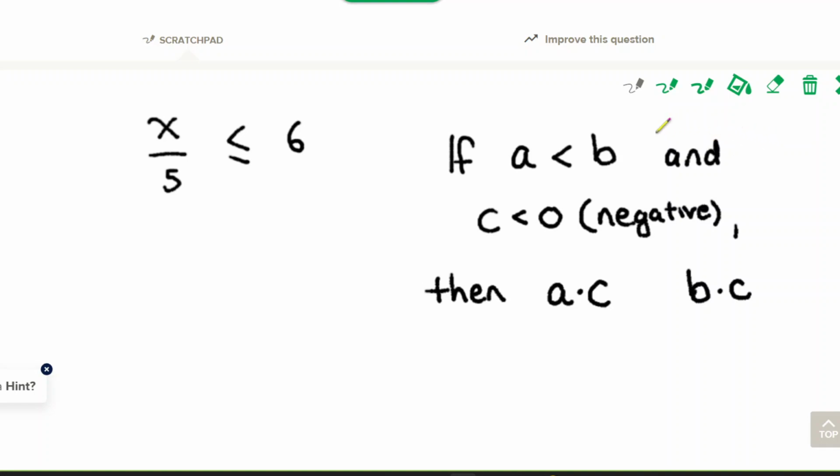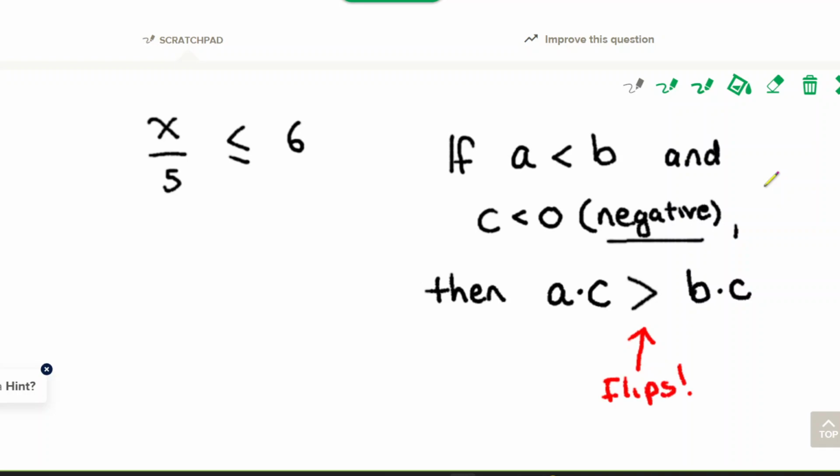So here I'm starting with A is less than B. When I multiply or divide both sides by a negative number, that becomes is greater than. So I'm going to point that out. I'm going to highlight this with a different color and say the inequality symbol flips around.